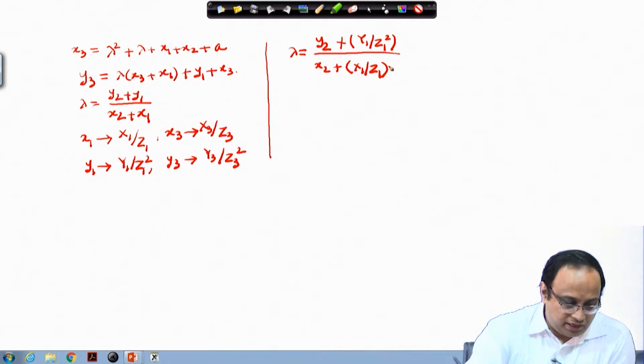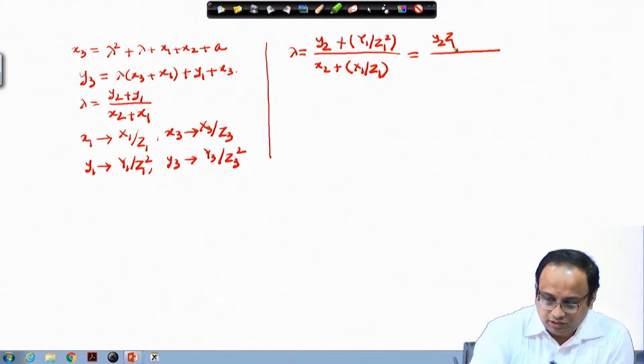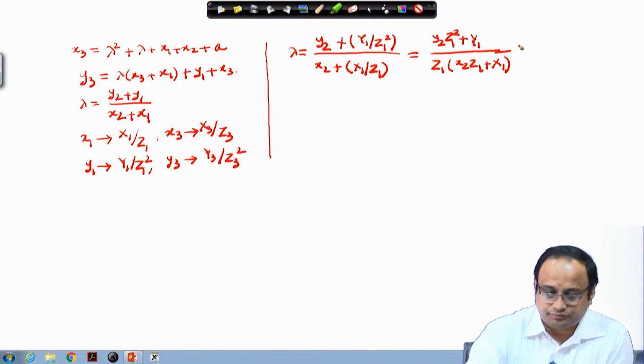That turns out, with a little bit of simplification, to be y2 z1 square plus capital Y1 divided by z1 into (x2 z1 plus capital X1).